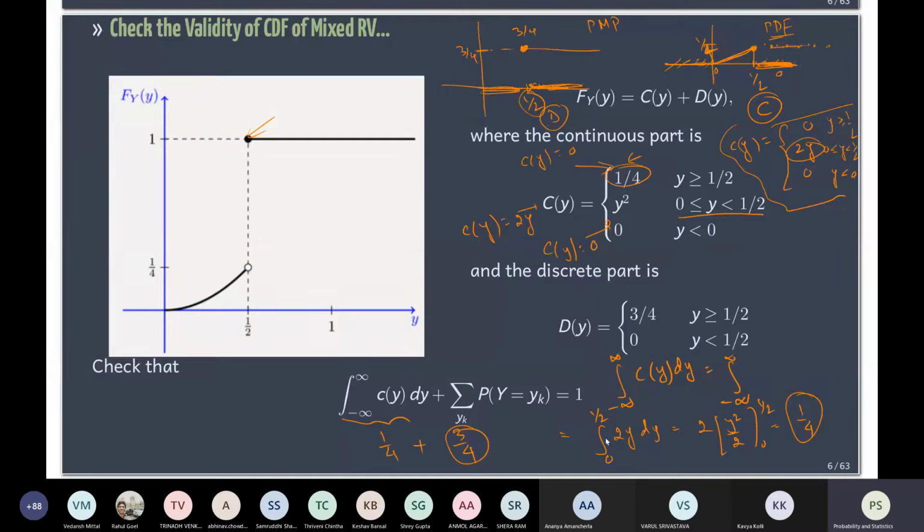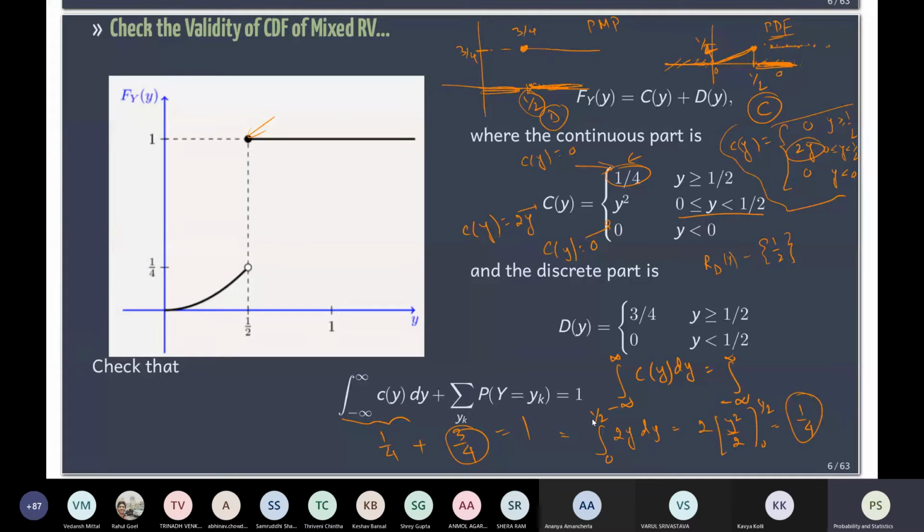So this is the only value, which is why I integrated from 0 to half only, and then 2y, and this is what I got. Similarly, for the discrete case, the range of y is just a half, because that's the only place where it's taking the positive value. After that, it's not augmenting at all. So I just do 3/4, and this is 1. So that's what we verified for the mixed case.